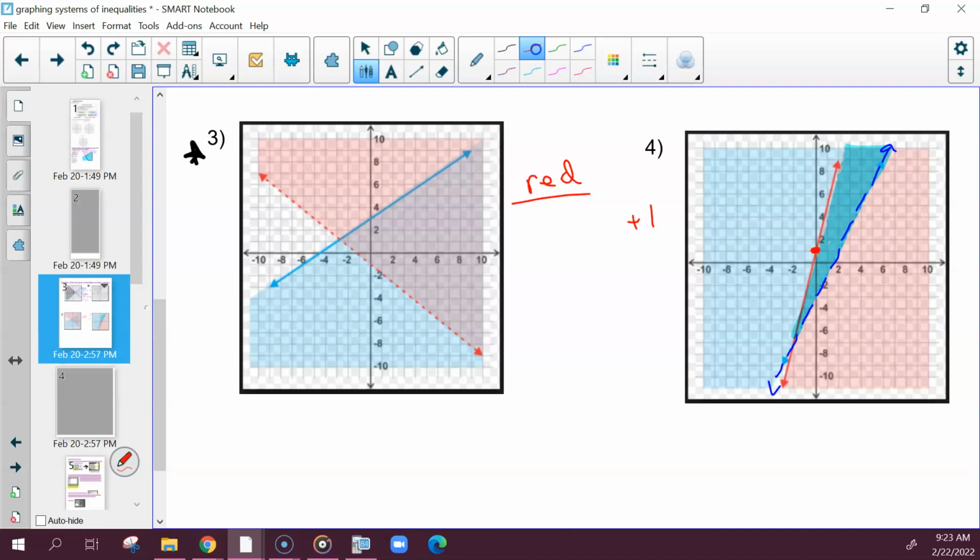Let's see. So we have 3 over 1. It wouldn't be 3 because that doesn't work, but if it's 4, that would work. 1, 2, 3, 4.